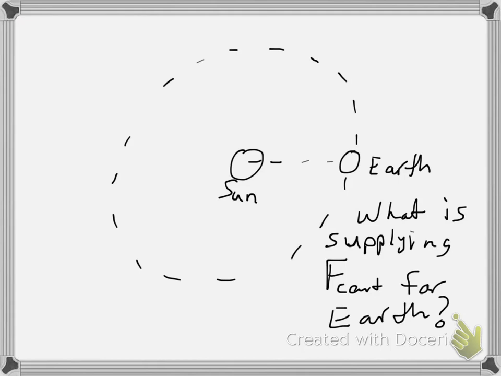Well, in the case of the Earth and the Sun, it might not be too hard to imagine that even though at any given instant we're moving this way, the force that's actually keeping us in orbit is actually pointed directly toward the Sun. Okay, so the force is actually pointed toward the center.